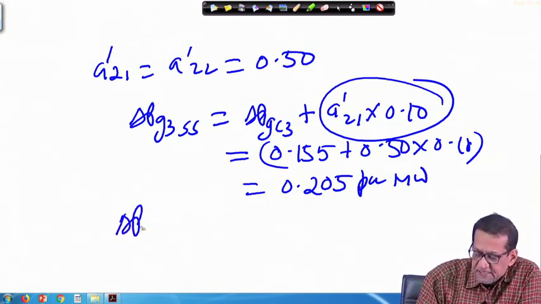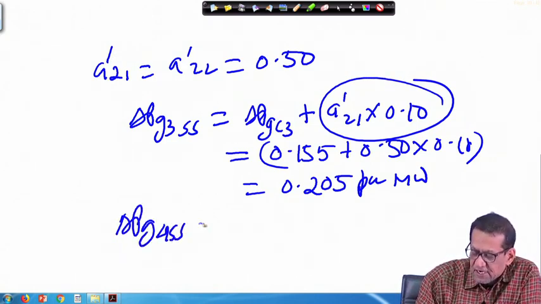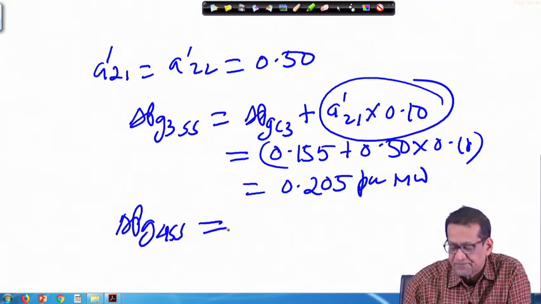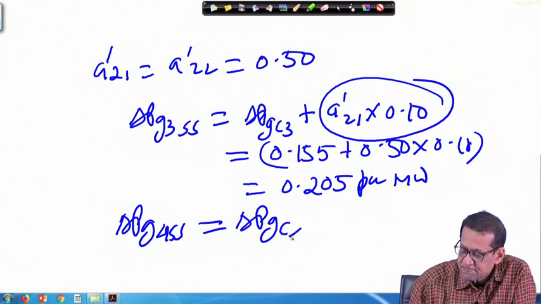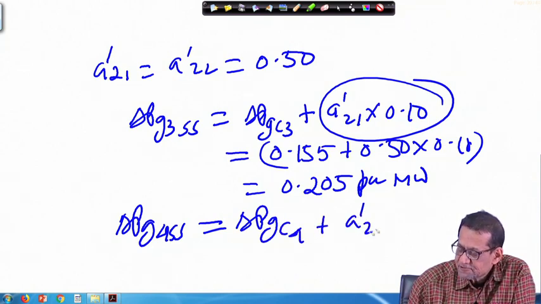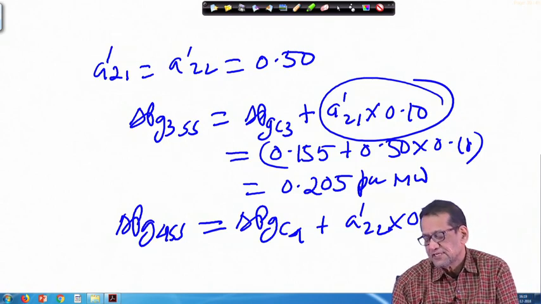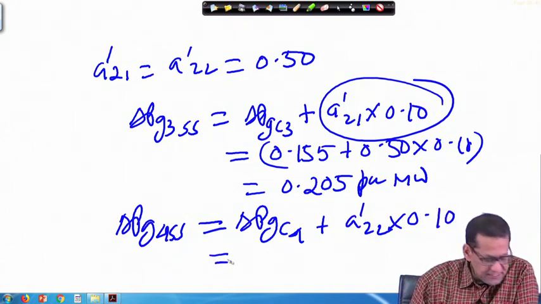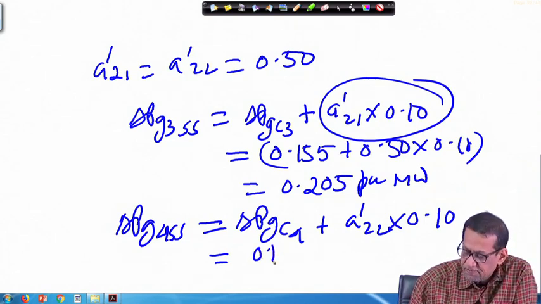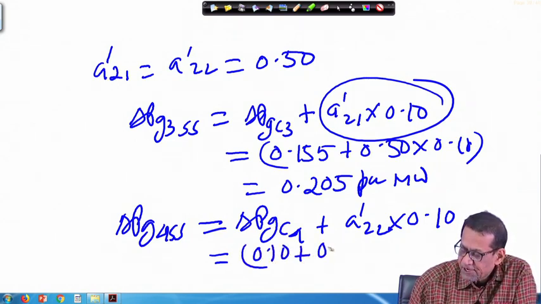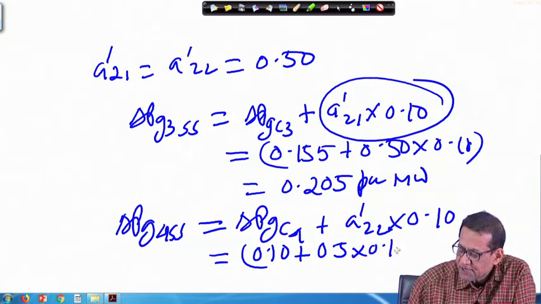Similarly, delta Pg4 steady state when uncontracted power demand was there is equal to delta Pgc4 plus A dash 2 2, again uncontracted power demand was 0.10. So, directly multiply. That delta Pgc4 was actually 0.10 plus 0.5 into 0.10.